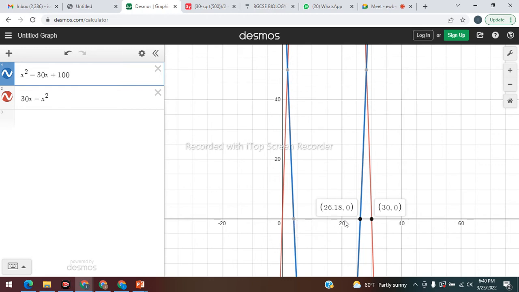I don't know if y'all noticed that. This space is exactly the distance of 3.82. And this one is exactly 3.82 too. What I'm saying is, if we look here, this is 0.